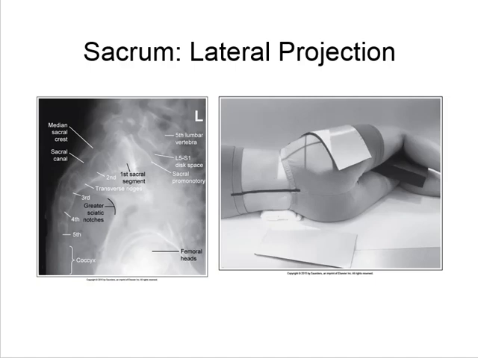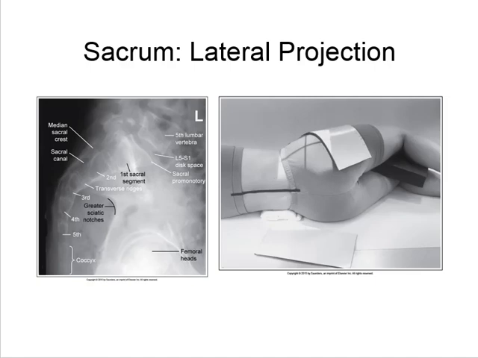What Merrill says is that the center of the sacrum is about 3.5 inches posterior to the ASIS, and the midline of the coccyx is 2 inches below that.